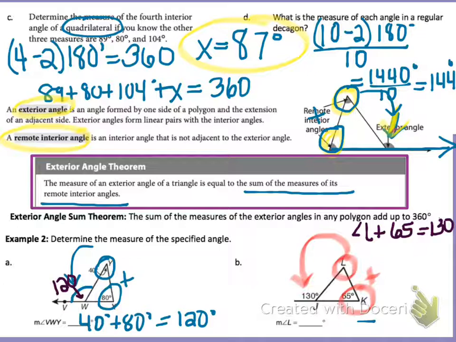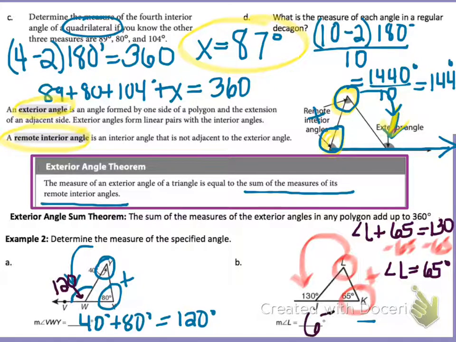Then all I have to do to find angle L is subtract 65 from both sides. In fact, angle L is the same as angle K. Not always true, but in this case it is. It's 65 degrees.